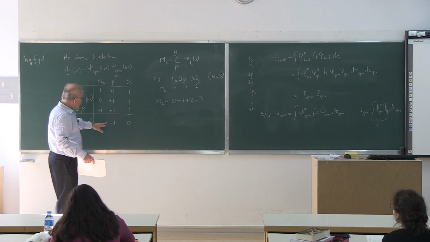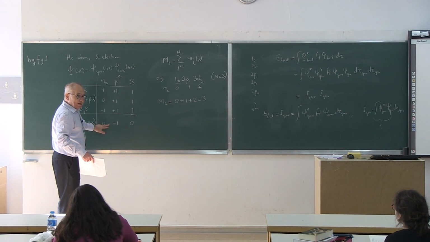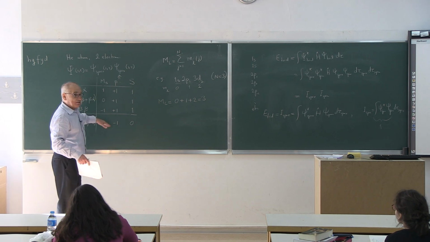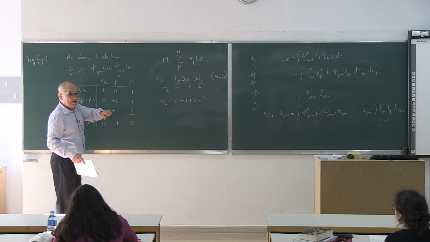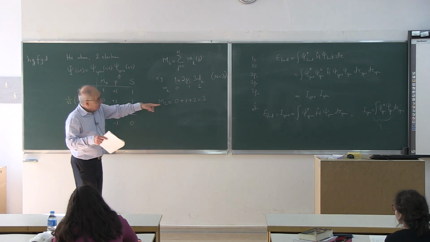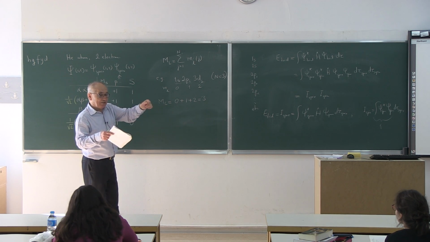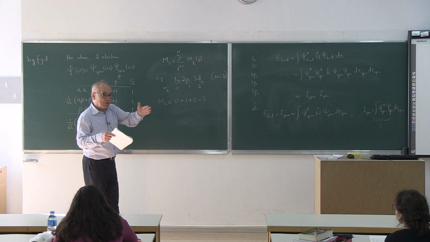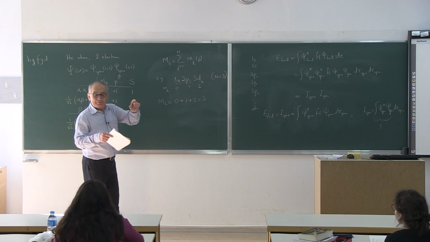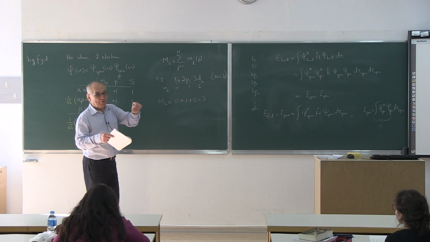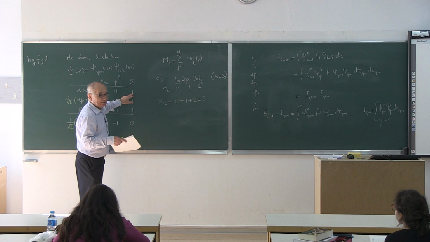On the other hand, for the singlet state, because the spin function is antisymmetric, the space function must be symmetric. So that integral is calculated with different expressions for psi space, depending on whether we are talking about a singlet spin state or a triplet spin state, which means we are going to obtain different results depending on whether it is s equals 0 or s equals 1.